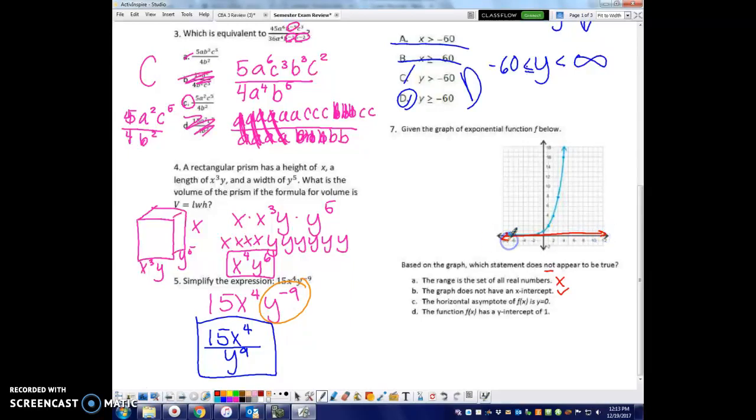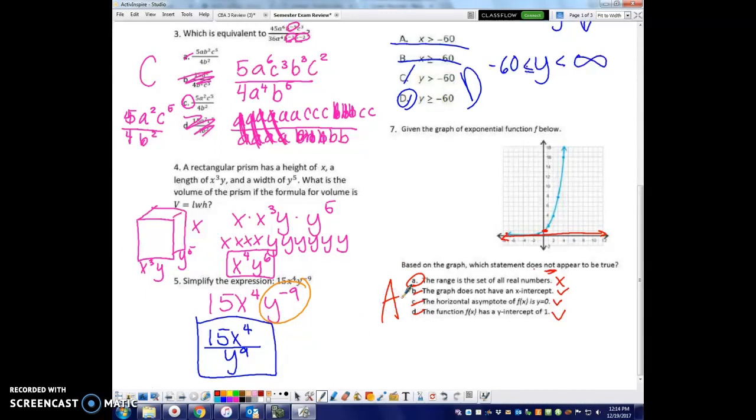Remember, the asymptote's that line it gets infinitely close to, but never touches. So is that true? Yes, it is. The function has a y-intercept of 1. Crosses through right here at 1. So is that true? Yes, it is. So looking at which one's true and not true will help you make the better decision, because it wants what does not appear to be true, and that would be A.